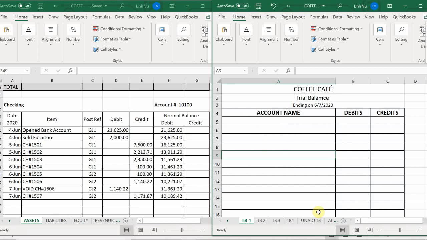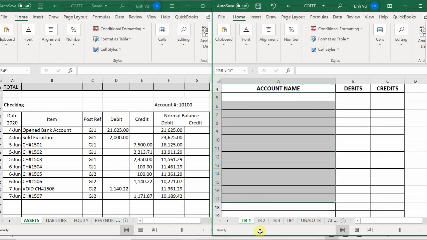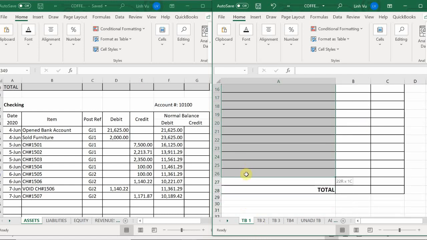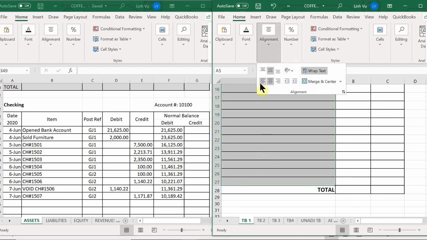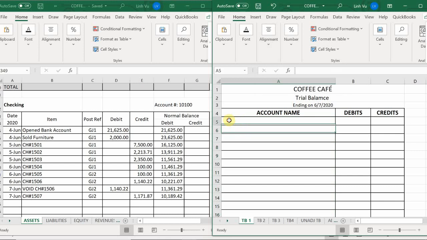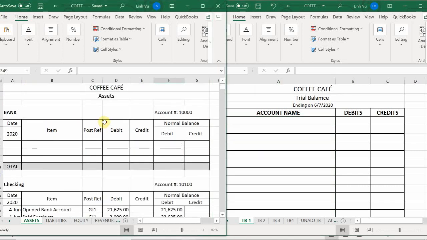So in this case, let's take a look. I'm going to list out every single account in my chart of accounts, and here's the thing: I'm only going to list the accounts that actually have account balances. For example, my main account, bank, is there anything there?